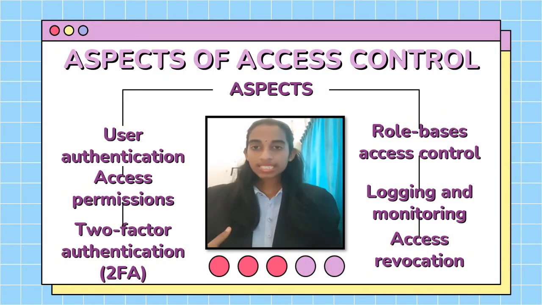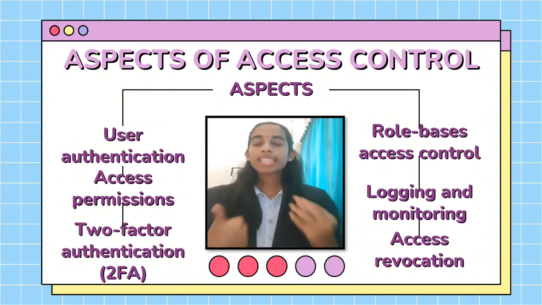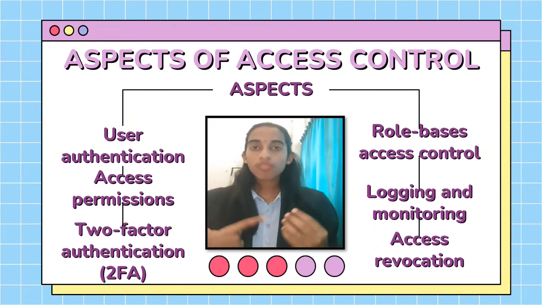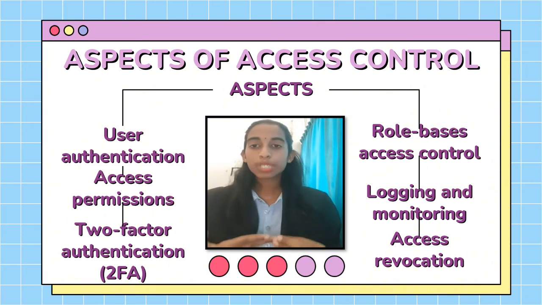The aspects of access control are, first, user authentication, which explains that users and entities are required to authenticate themselves. Next, role-based access control, where access is often based on the roles and responsibilities within the organization. Third is access revocation. This is because a user or entity is no longer required to access the electronic data interchange.